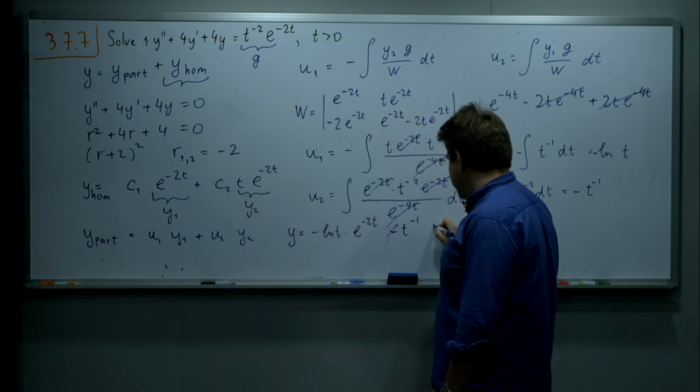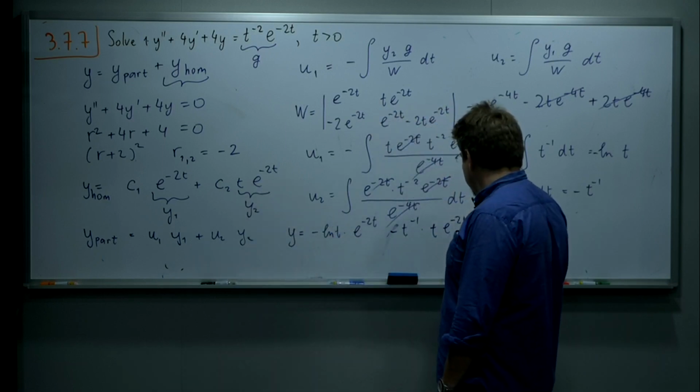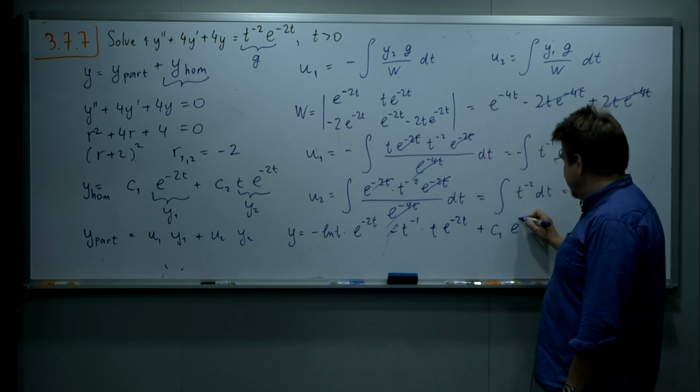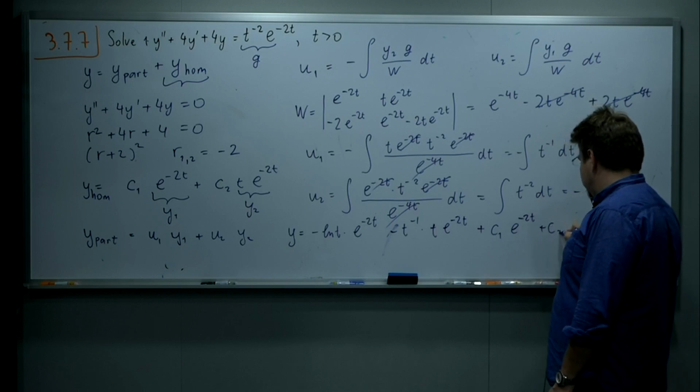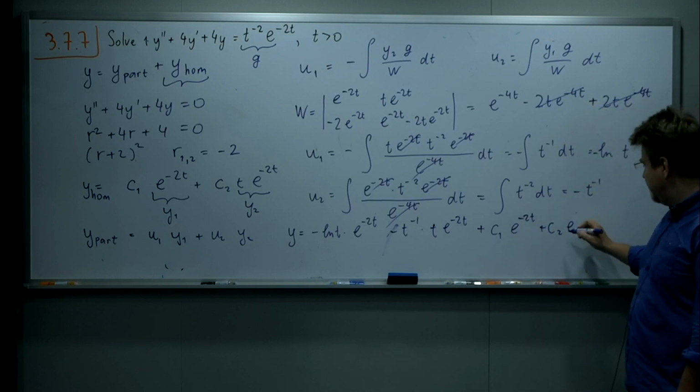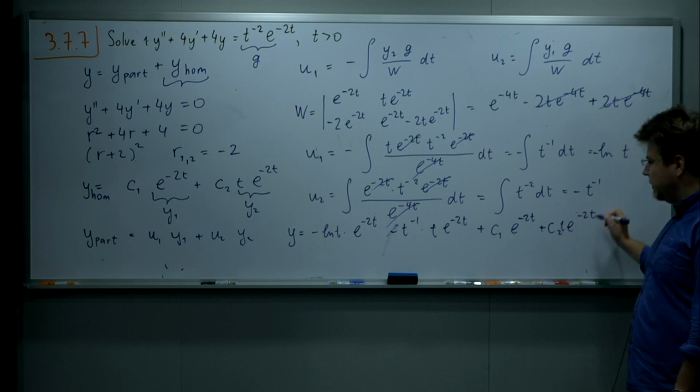Our y2 is t e to the negative 2t. Plus some constant c1 e to the negative 2t, plus some constant c2 times t times e to the negative 2t.